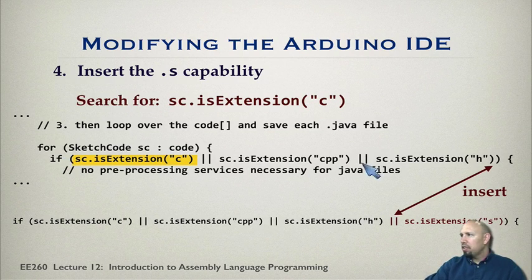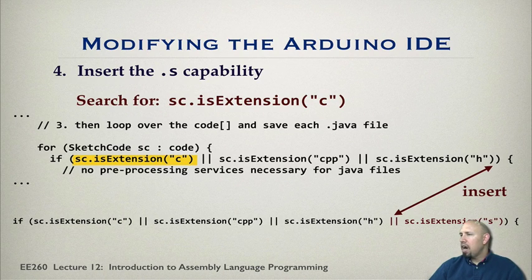Basically what we need to do is insert in here this code. As you can see, the Arduino IDE accepts C files, it accepts C++ files, and it accepts header files. So we need to modify that line so that it can include .s files. And notice we use .s again according to the GCC convention.